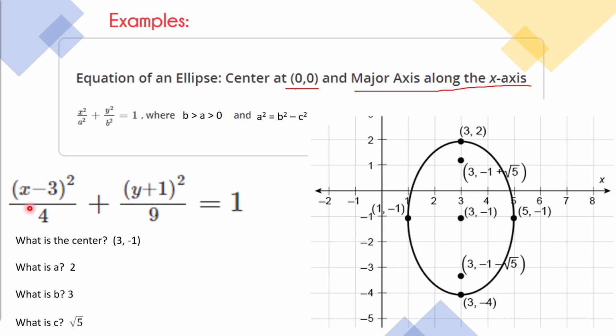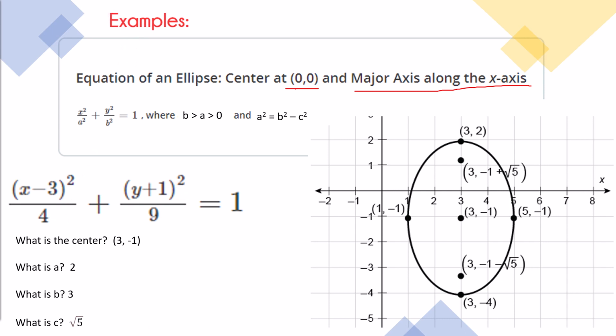So to pick out the center from the equation, if there's just an x squared and nothing else, and just a y squared, then it's at 0, 0, the origin. Moving away, we get to h, which is 3, and k, which is negative 1. So it puts it here. Actually, remember what I said earlier.